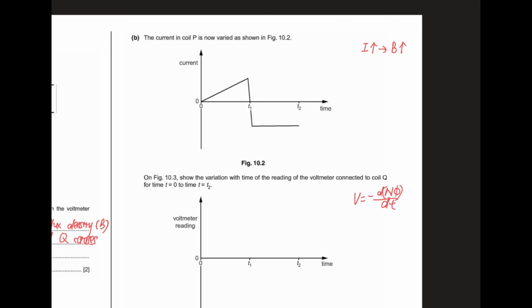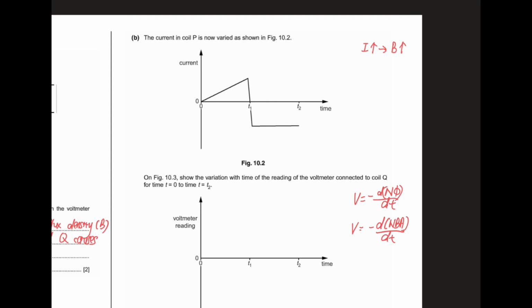Okay, and after that, the other thing is phi is BA, so it becomes N d(BA) over dt, based on Lenz's law. Okay, so what we need to know about this is EMF is induced when there is a change in the magnetic flux density.